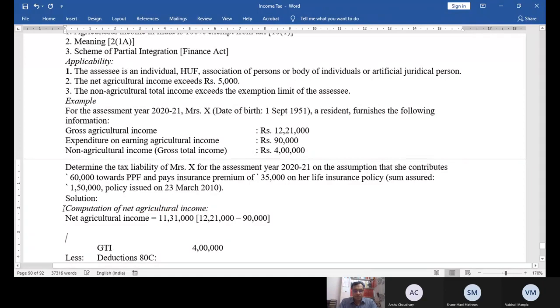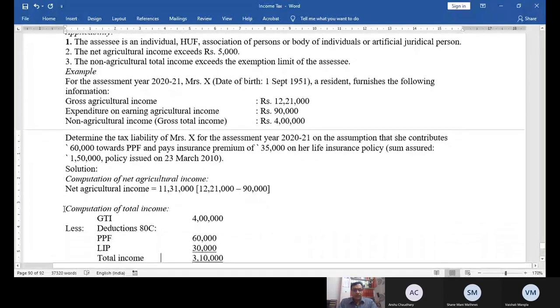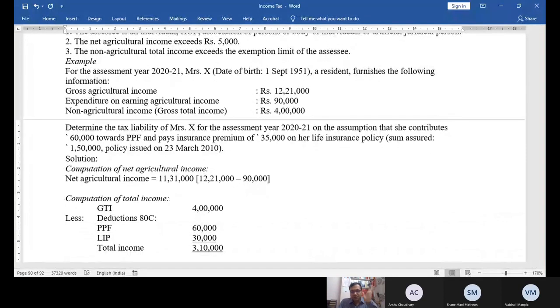The second computation is computation of total income. Till this point, if you have any concern, you please ask. Otherwise, raise your hand. Okay, next point.